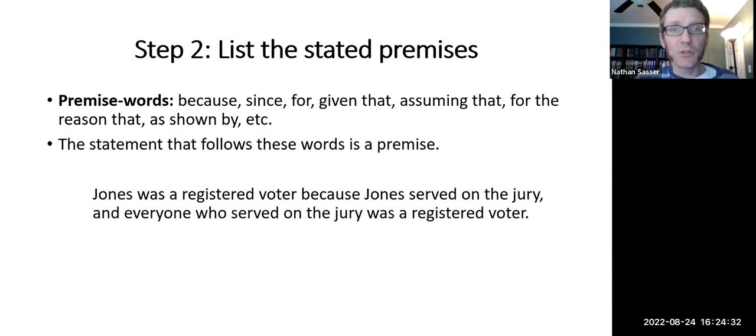So, for example, Jones was a registered voter because Jones served on the jury, and everyone who served on the jury was a registered voter. What is your premise keyword? Because. The statement that follows because is a premise. So notice here also that there are no conclusion keywords. What's the conclusion?